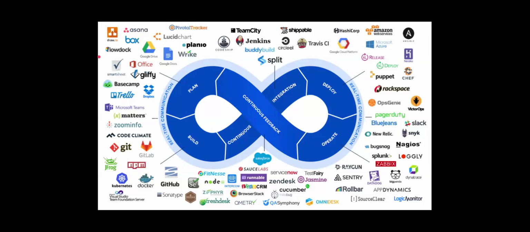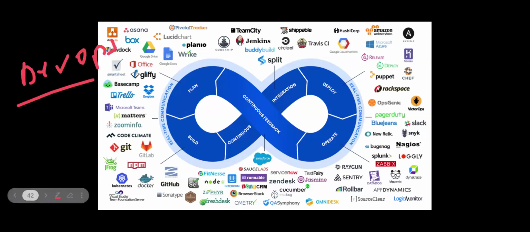That's what I told you. DevOps has been split into a large number of names. Some companies will use Git, some will use Kubernetes, some will use Docker, some will use Selenium, some will use Sauce Labs, some will use Splunk, Nagios.